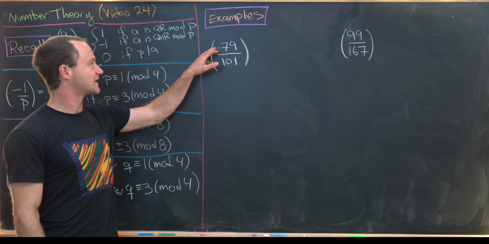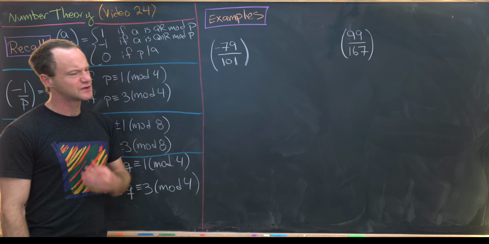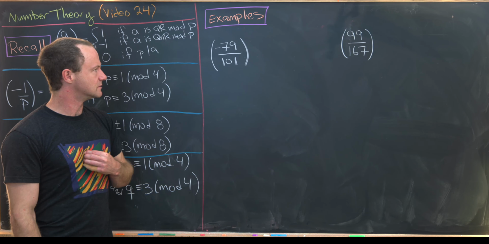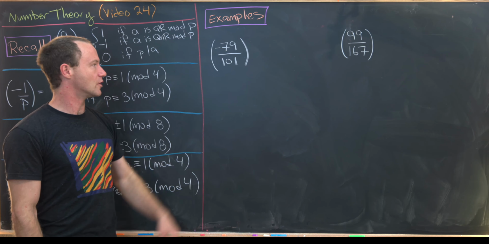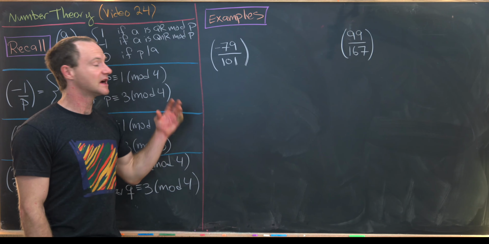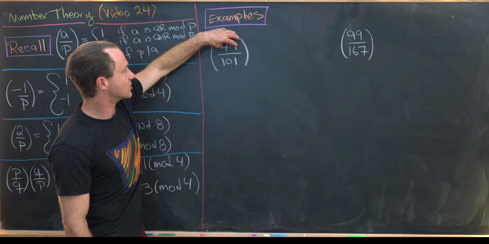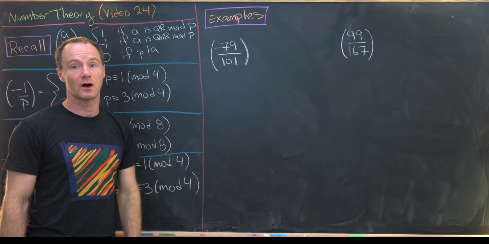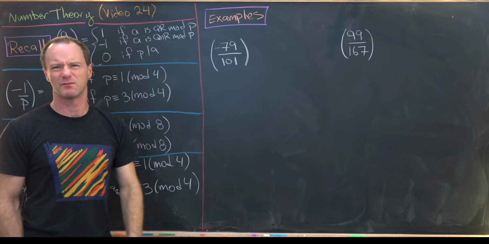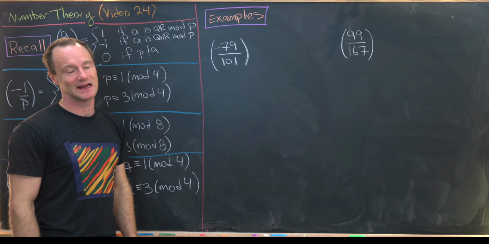Okay, so we're going to start with this -79 by 101. So maybe the first thing that I would like to do is add 101 to the numerator. Well, it's not really the numerator, and that's because the value of this Legendre symbol is invariant under changing the top part by a multiple of the bottom part. So that's something that we proved, or maybe we heavily hinted at it in a previous video.